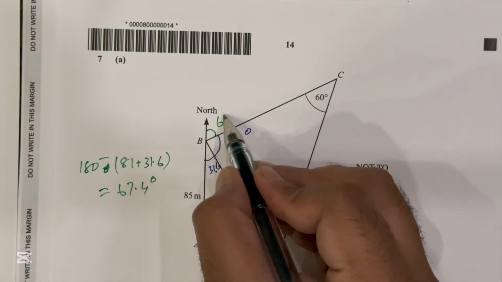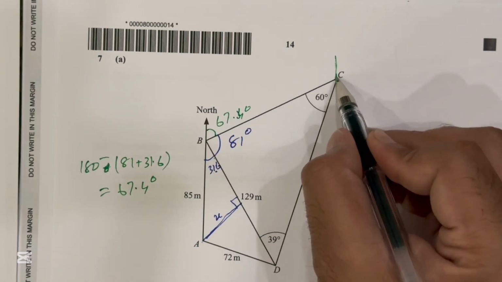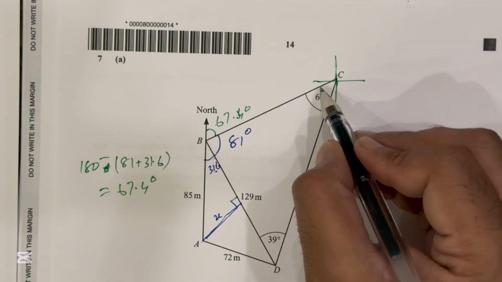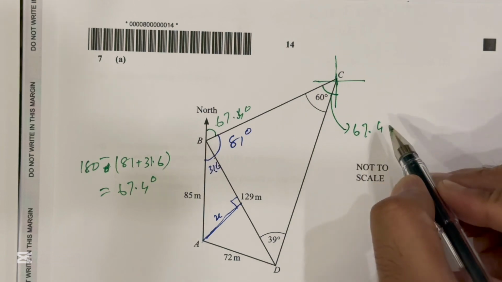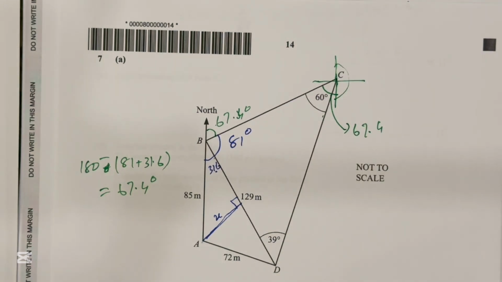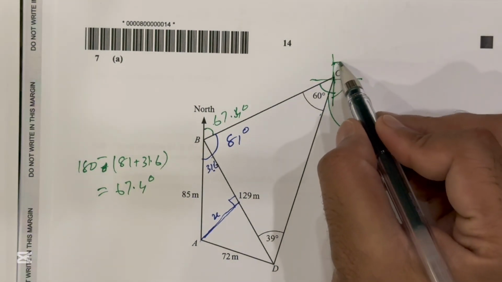So this is 67.4 degree. You can make north over here as well. So if this is 67.4, then this would be 67.4 as well, and this whole angle is 180. Then 180 plus 67.4 would be your bearing from this to this.